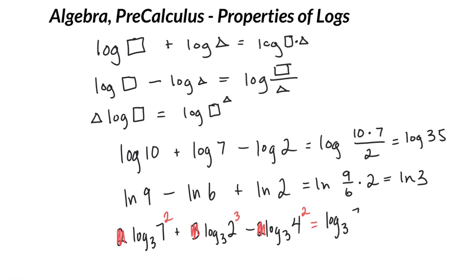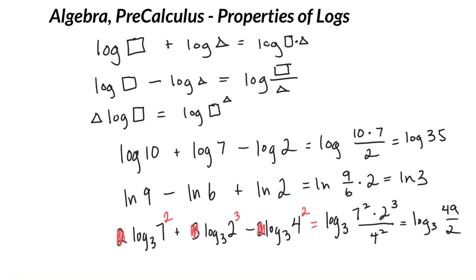We're going to have 7 squared times 2 cubed, and then divided by 4 squared. Okay, 49 times 8, that is 392. I'm using a calculator. And then divided by 16 would actually be, it reduces, again I'm just using my calculator here, to 49 halves.